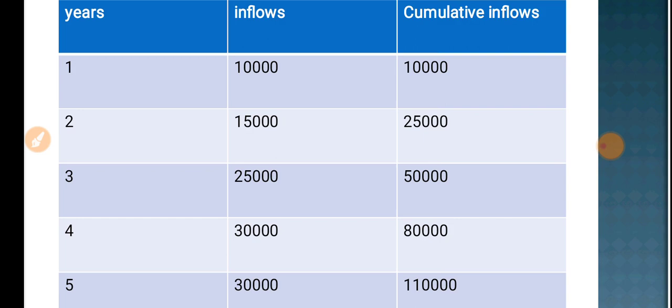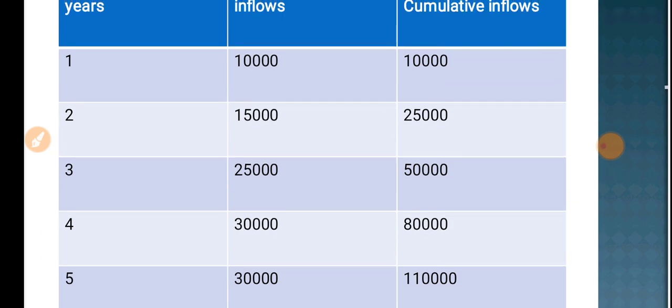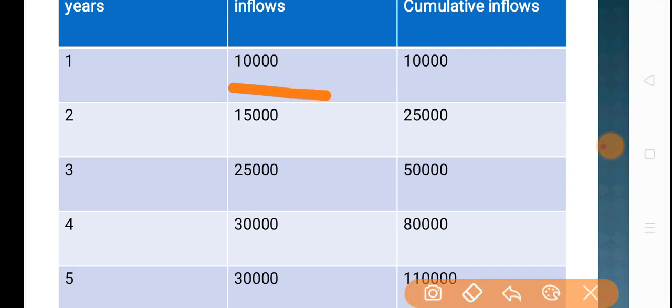So the next column is cumulative inflows. Cumulative inflows means each year's inflow added with the previous year's inflows. Here you can see that in the first year they have an inflow of 10,000.